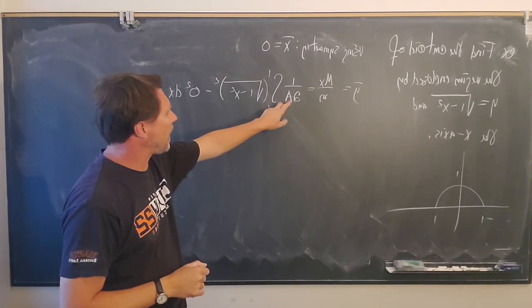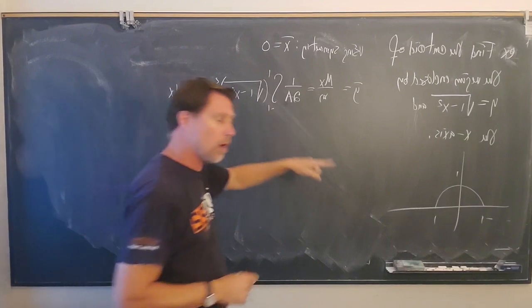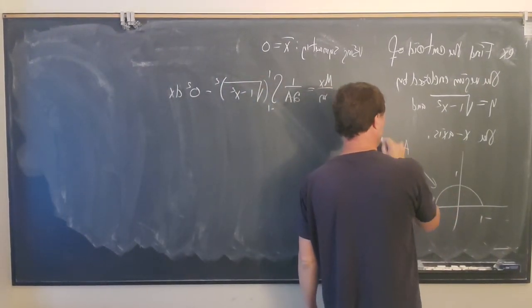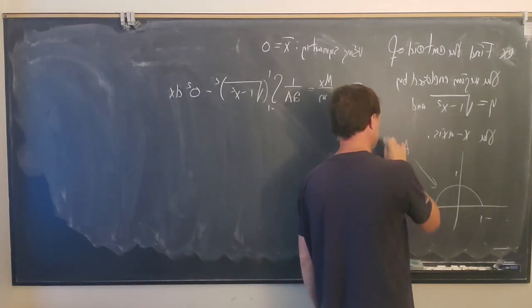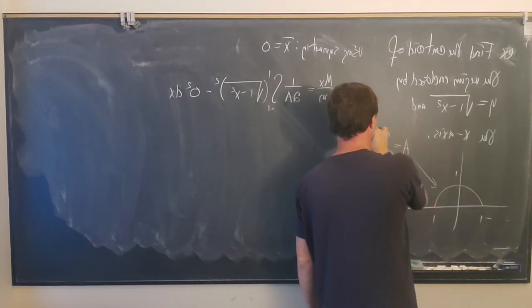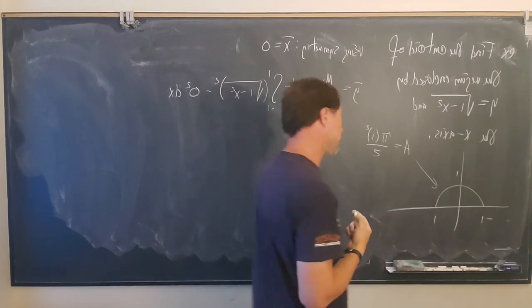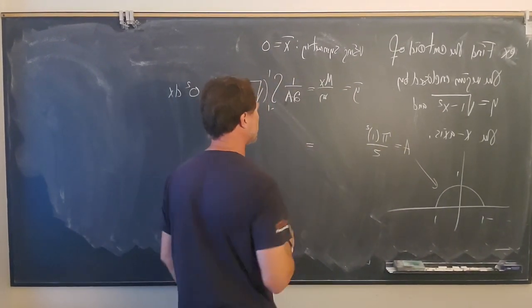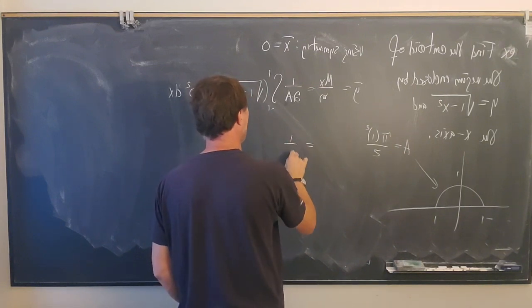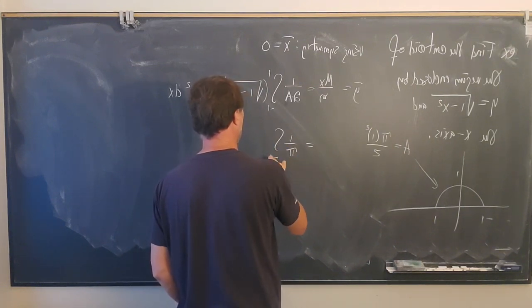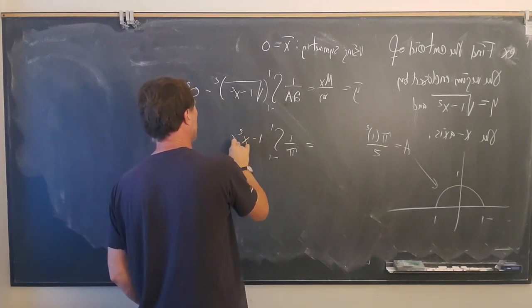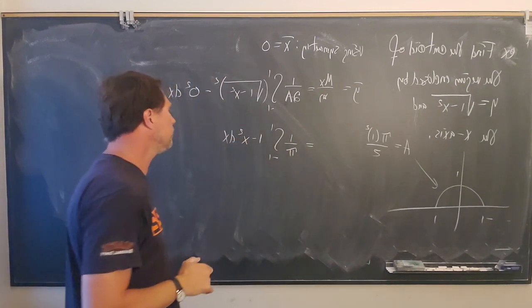And this A, that's the area of our region. Our region is a half circle. What's the area of a half circle? It's pi times the radius squared over 2. So in this case, we just get pi over 2. So this will give us 1 over pi, integral from -1 to 1, 1 minus x squared dx.